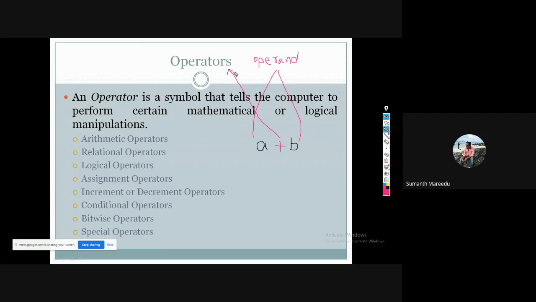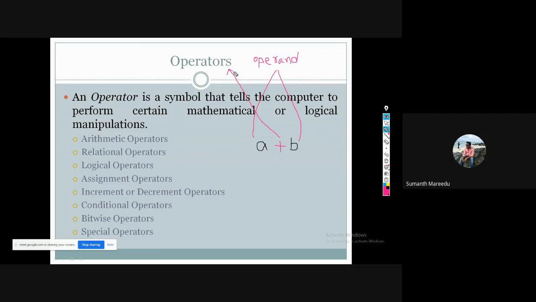Now all these operators are classified into different categories based on the number of operands you can use. To apply one operator, how many operands do you require?